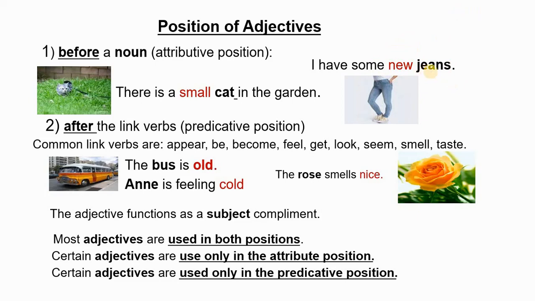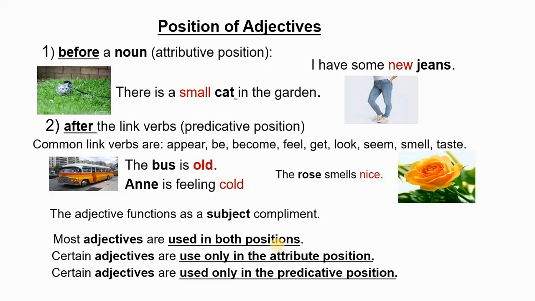But we could also say my jeans are new, and that would be after the linked verb. That would be a predicative position. And so most adjectives can be used in both positions, but there are some exceptions.